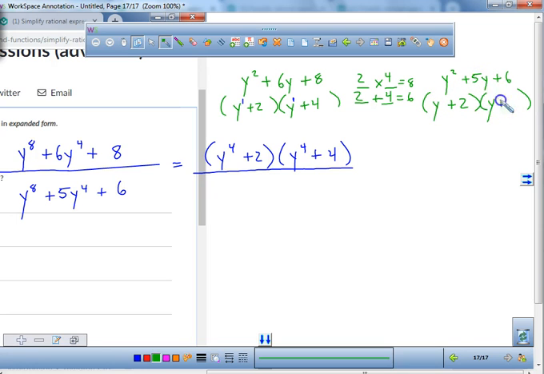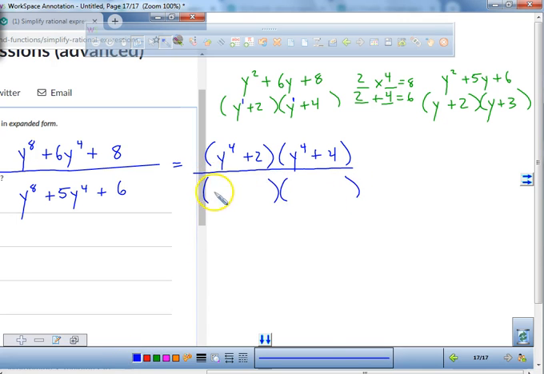Yeah, y plus 2 and y plus 3. 2 plus 3 is 5, and 2 times 3 is 6. So this one right here, same pattern. The only difference is we're going to put y to the 4th plus 2 and y to the 4th plus 3. Everything else stays the same. Same process, just a little bit different exponents. That's it.